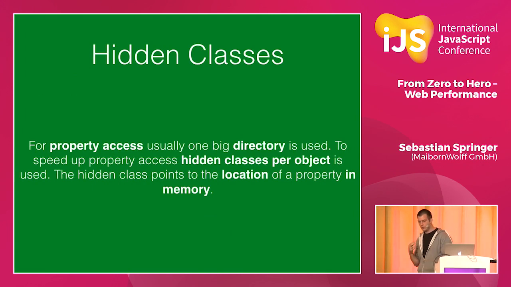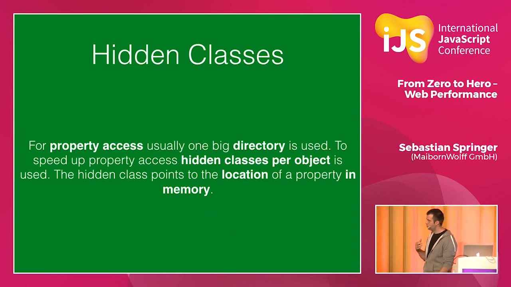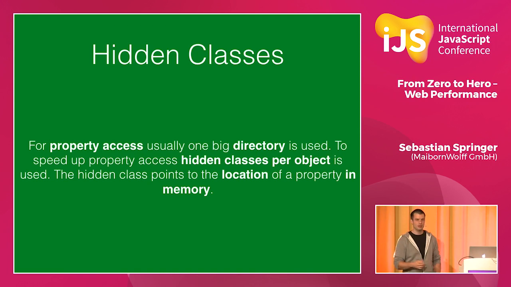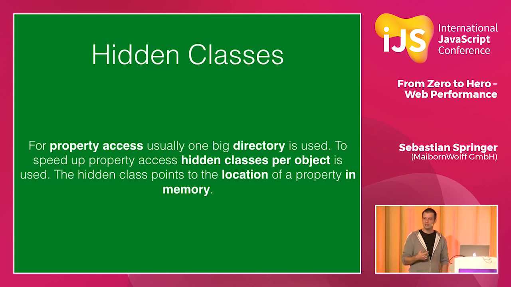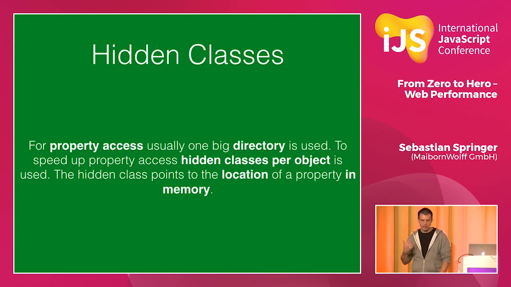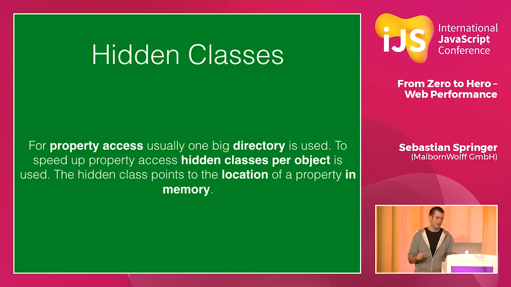If you're working with JavaScript, you're working a lot with objects. Everything is an object, even functions are objects, and you're accessing properties all the time. So the browser manufacturers recognized we have to do something about this.